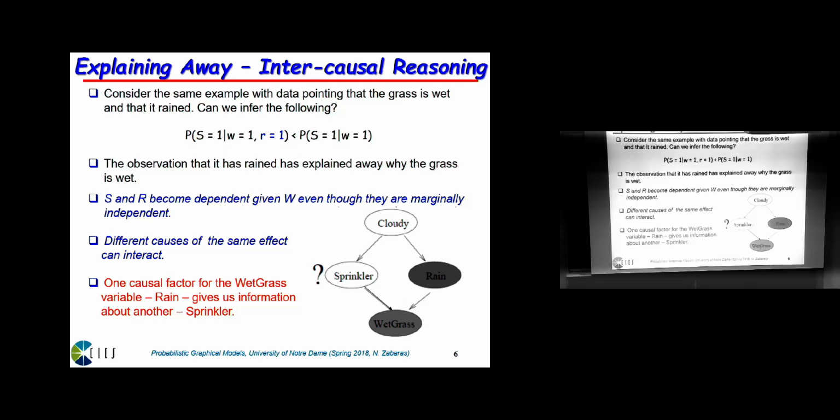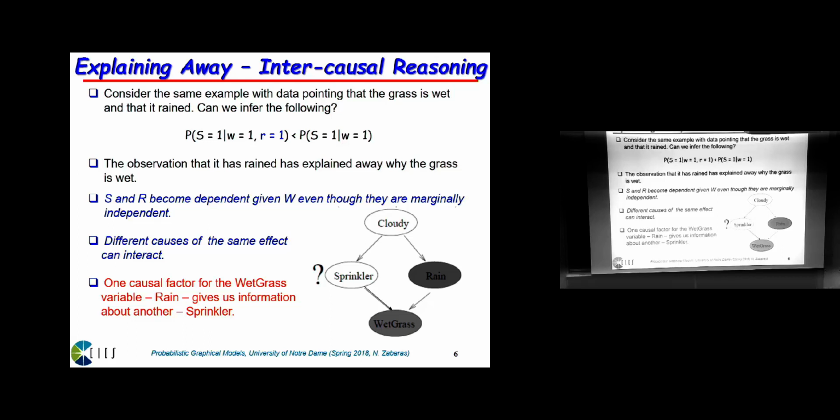Both of them are conditional on the grass being wet, W equal to 1. And what I'm trying to infer is if the sprinkler is on or off. And the argument here, if this equation is correct, is that given that W is equal to 1, if I also know that it rained, this probability is less than that.